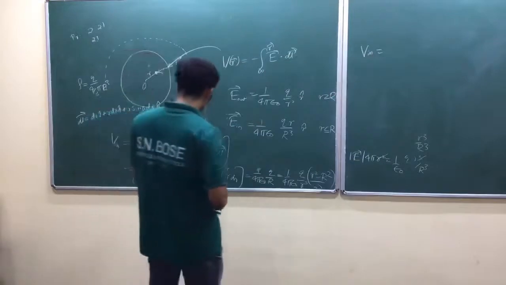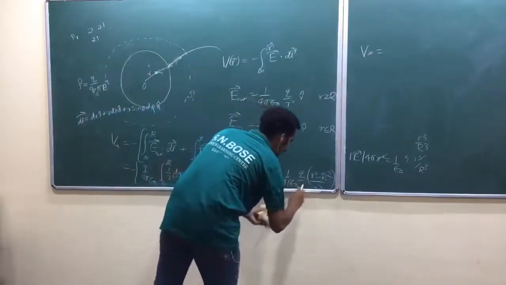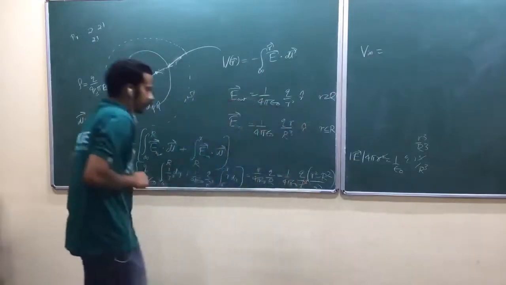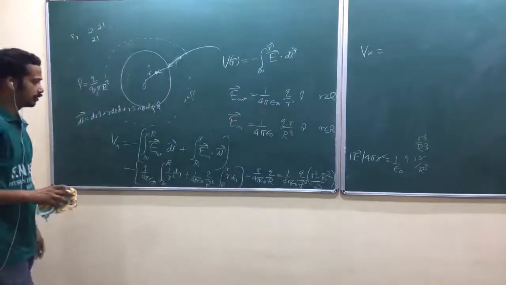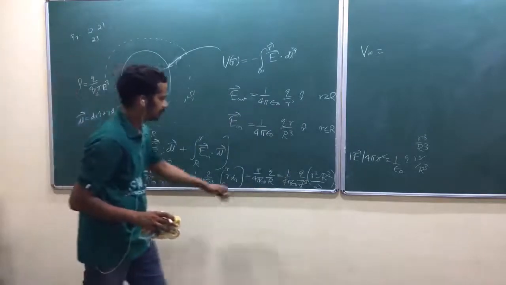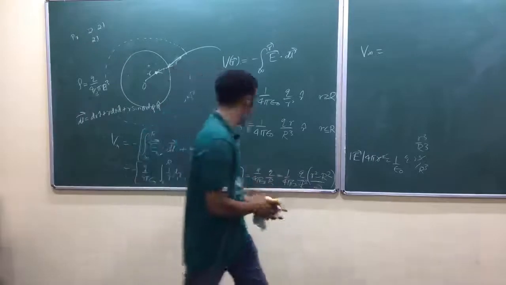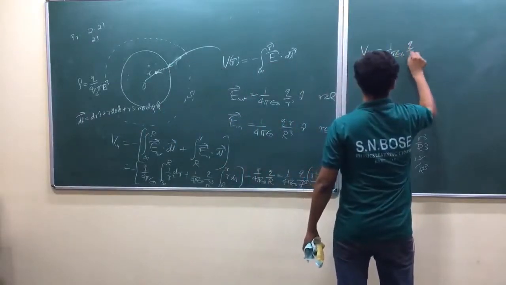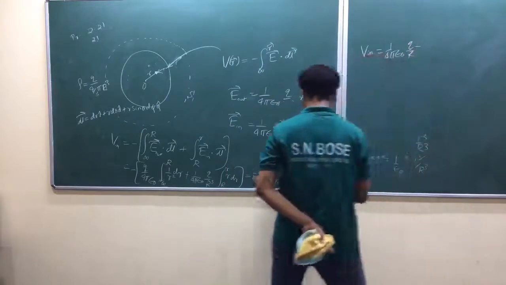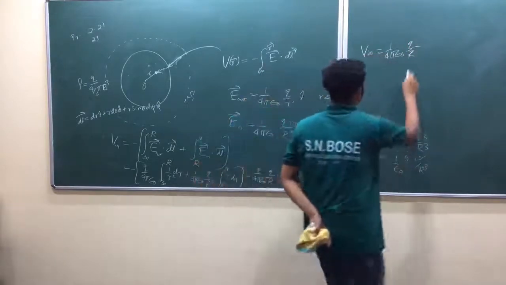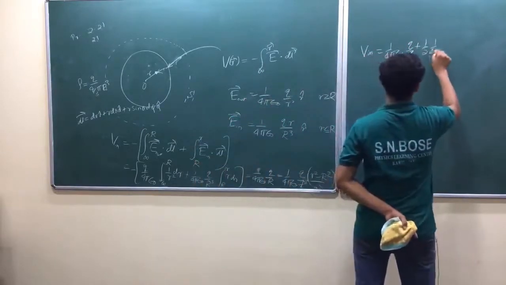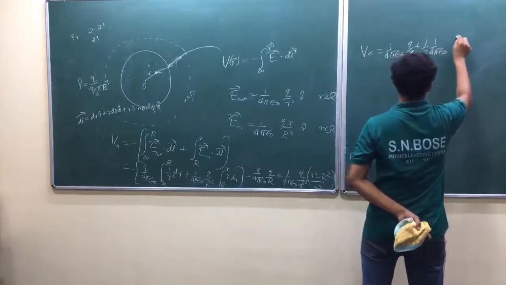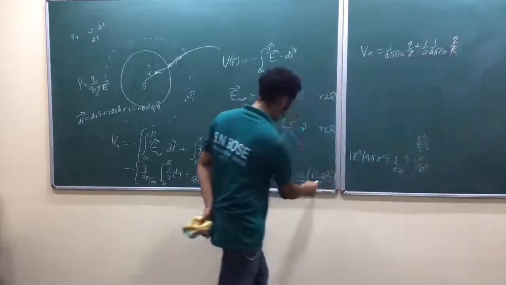Wait a second. Somewhere I made one more mistake. Small r, not capital R cube. Somewhere you can simplify, am I right? This one, half of this one, look at here. 1 by 4 pi epsilon naught q by capital R, minus of minus, plus 1 by 2, 1 by 4 pi epsilon naught q by R. Look at here, R square, R cube.